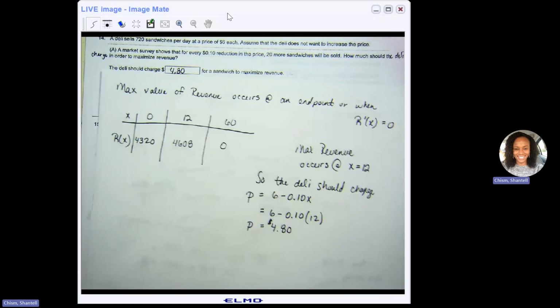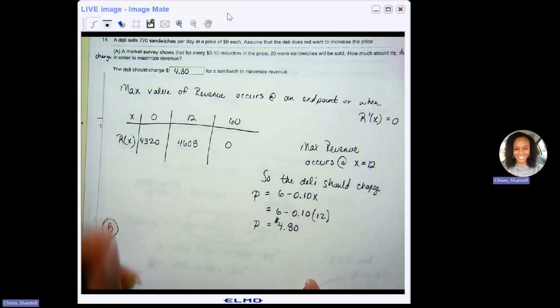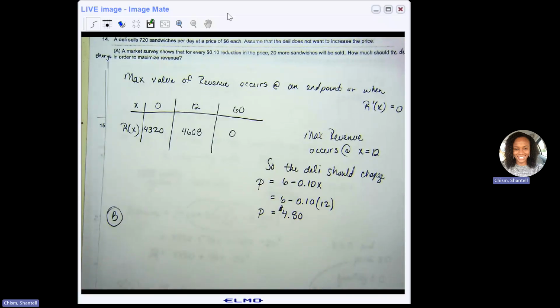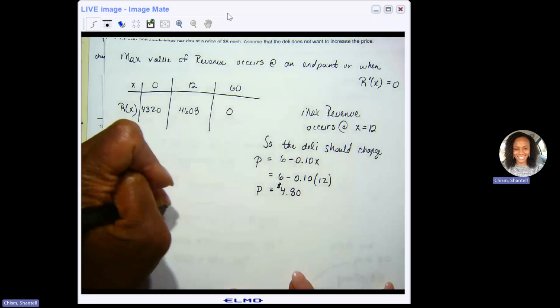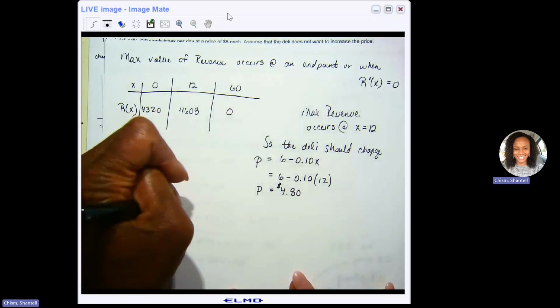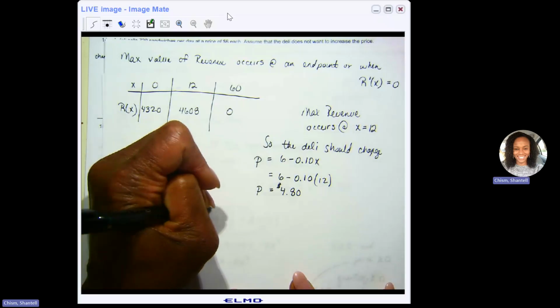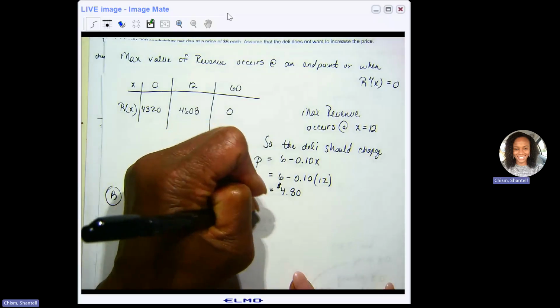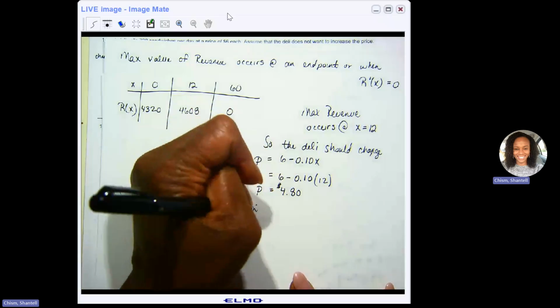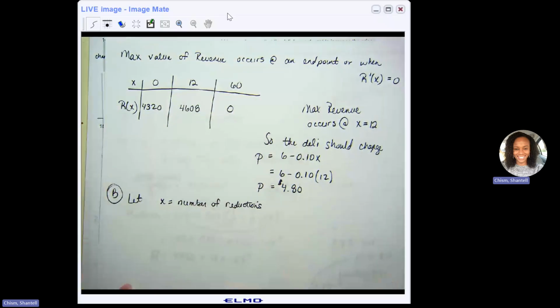All right, so let's go back and set up our new quantity equation and our new price equation. So we're still going to let x equal the number of reductions. They're 20-cent reductions, but x is going to equal the number of reductions.